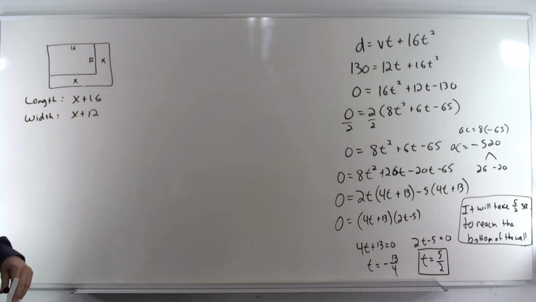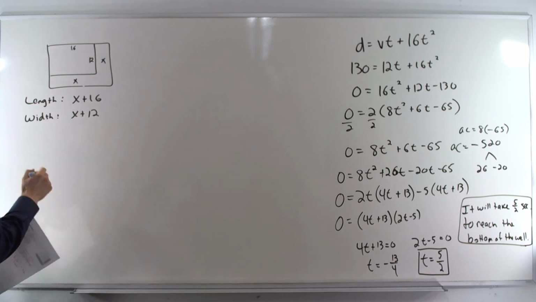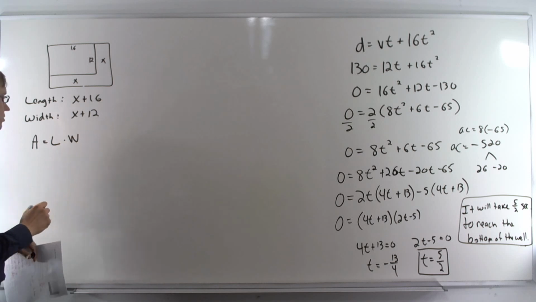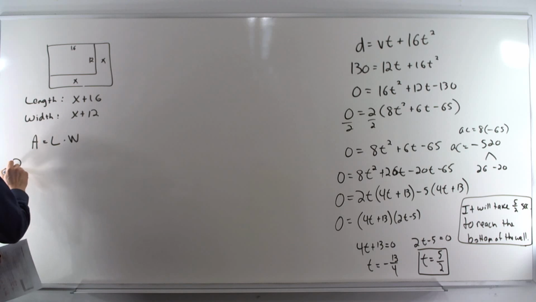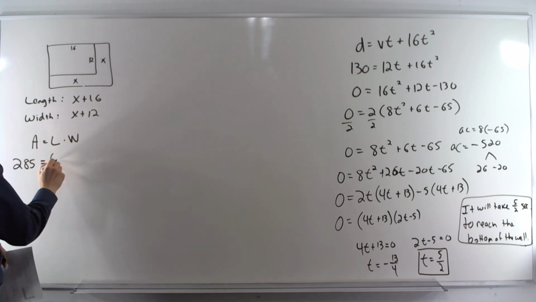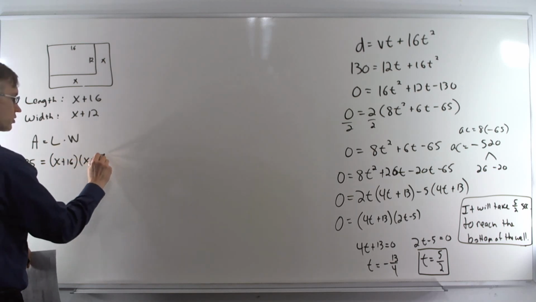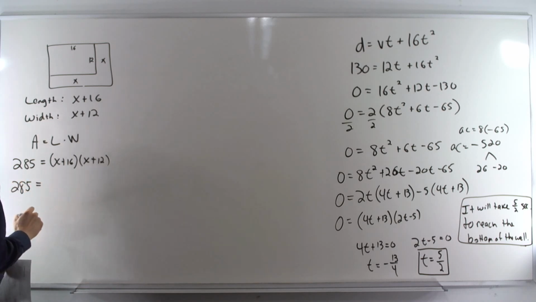And now we can use the area formula. The next question says, write an equation using your expressions. Okay, so area equals the length times width. So we're going to plug in everything we know. The area is 285 square feet. So 285 goes here. The length, we have an expression here, x plus 16, and the width, x plus 12. So let's FOIL this out.